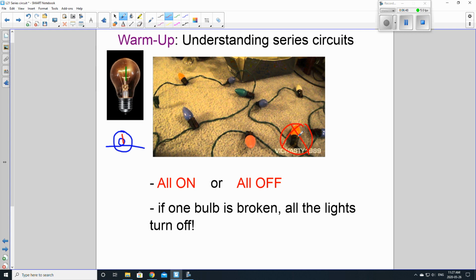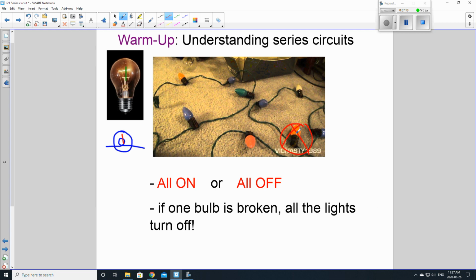Or if you shake them too hard, you might actually break the filament. That was the problem with these. Because this acts like an open switch, everything shuts down, so none of these lights are on. We can't even tell which light bulb is the one that is burnt out.